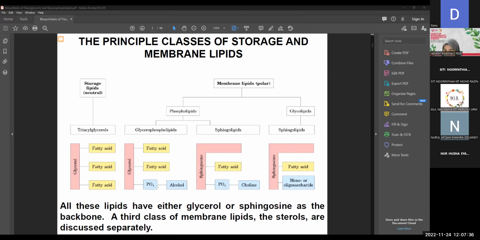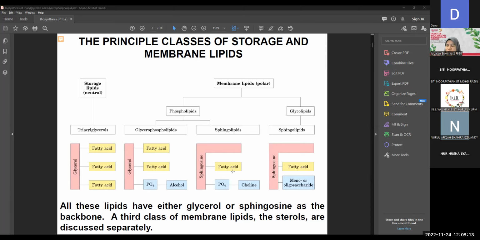All right, but for sphingolipid, instead of glycerol as a backbone, it has this sphingosine molecule that acts as the backbone. Still, it has 1 molecule of fatty acid, and also a phosphate group, and for example choline attached to form this sphingolipid.